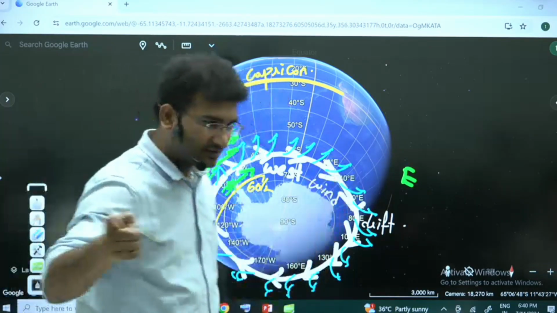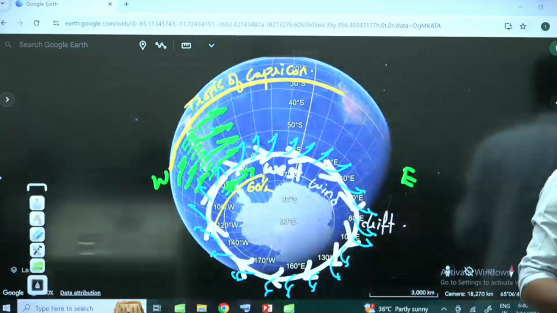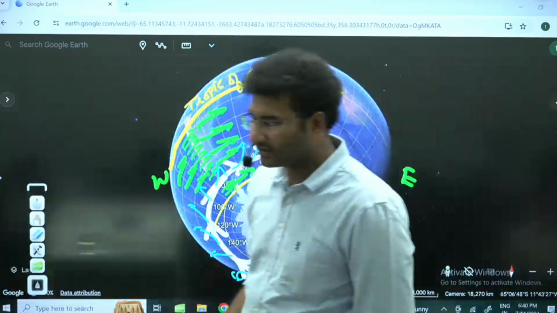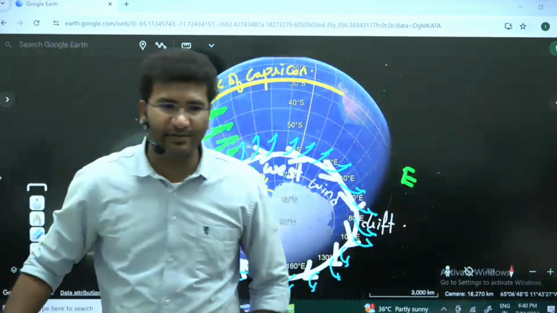Now open your atlas and go to the water circulation, ocean currents map.